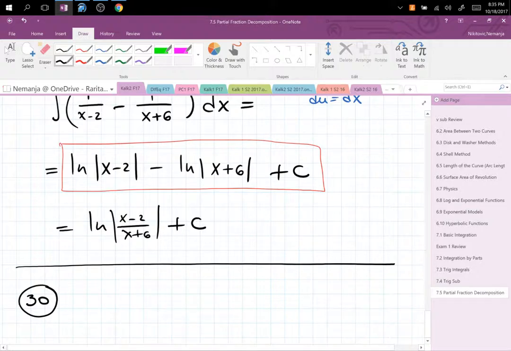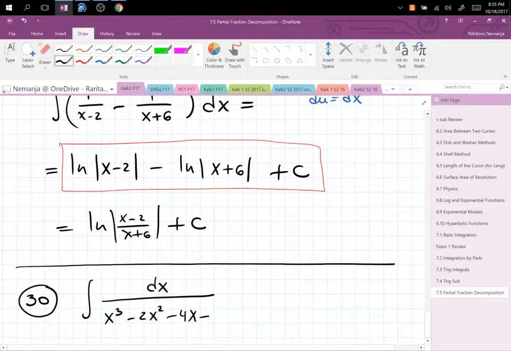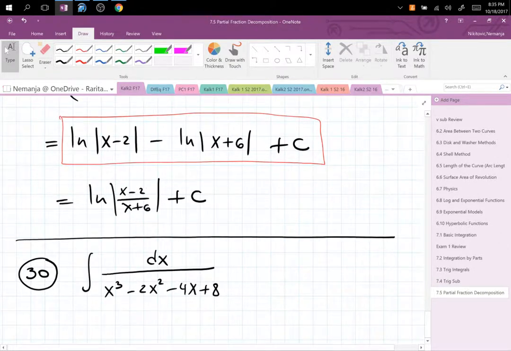Next example is example 30. And then after this, we're going to stop for tonight. So we have dx divided by x cubed minus 2x squared minus 4x plus 8. We have to factor. So what do we factor?